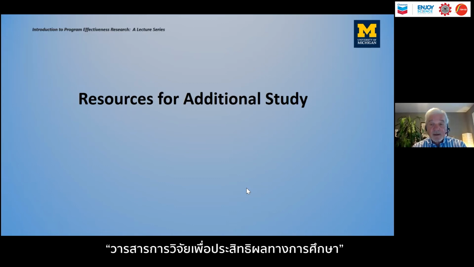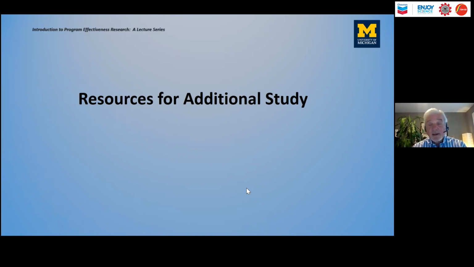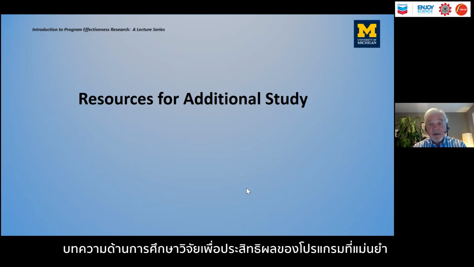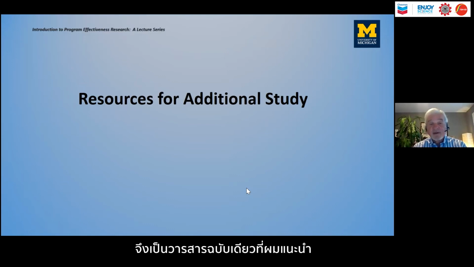It's called the Journal of Research on Educational Effectiveness. It publishes the kinds of studies that I'm talking about, because the reviewers for that journal are rigorous, and the journal is interested in publishing rigorous program effectiveness studies. So that'd be the single one journal I would recommend.